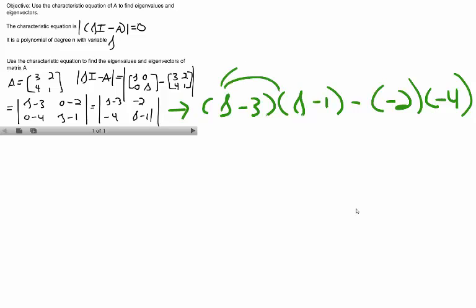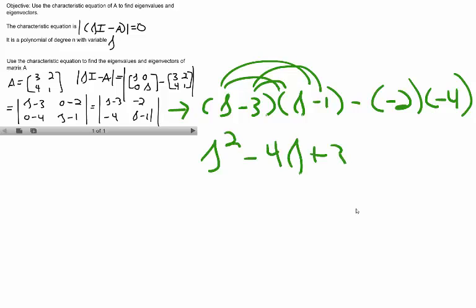So we FOIL. We have lambda squared minus 4 lambda plus 3, and then minus 8. This simplifies to lambda squared minus 4 times lambda minus 5.